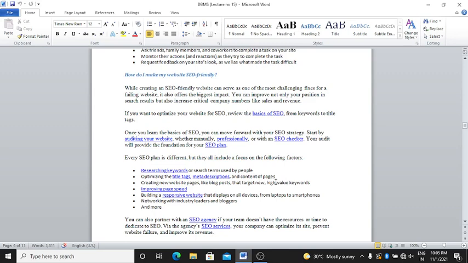Fourth one is improving page speed. Fifth one is building a responsive website that displays on all devices, from laptops to smartphones. Next one is networking with industry leaders and bloggers, and more.